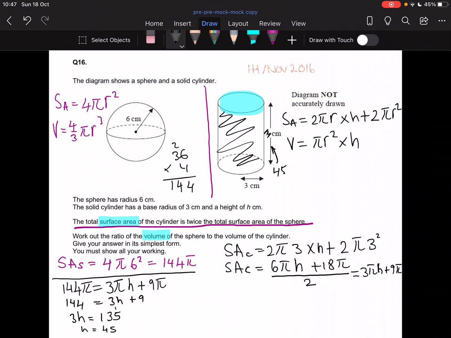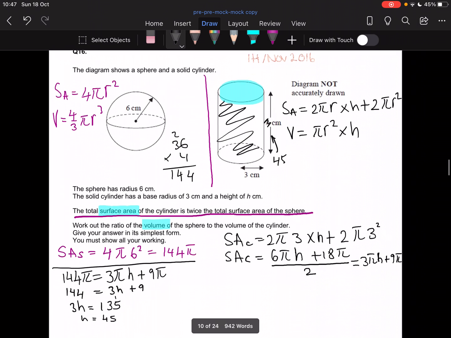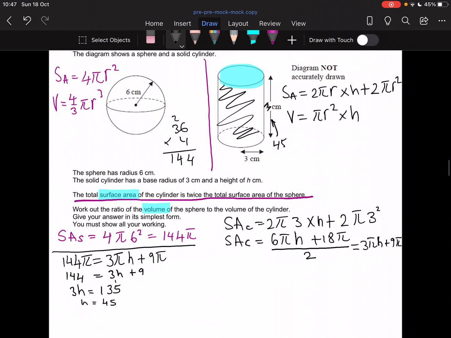Great. So now I need to find a bit more space to write on, first of all. And I'm moving to doing some volume calculations now. And I'm going to need some separate space. So it says, work out the ratio of the volume of the sphere to the volume of the cylinder.